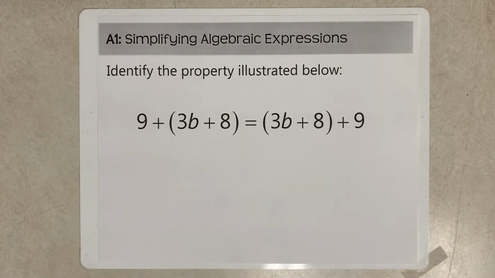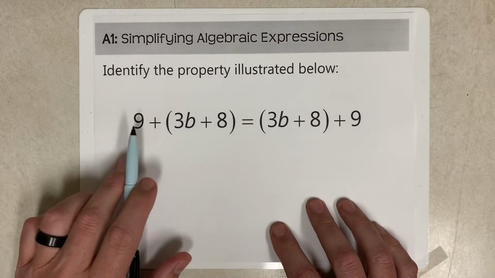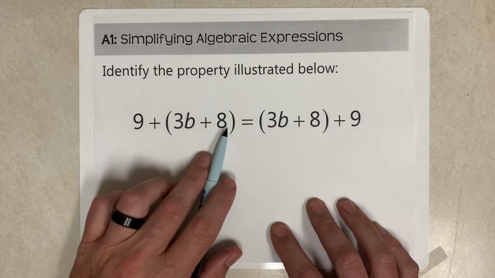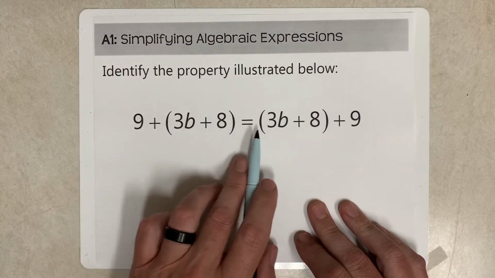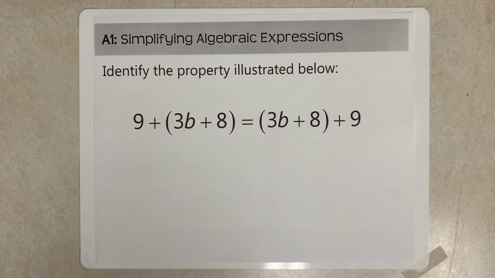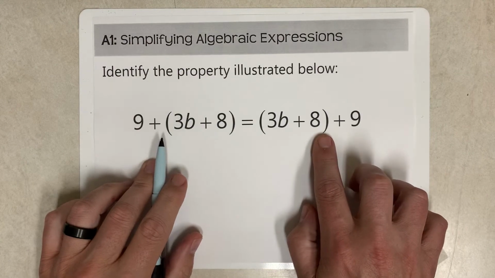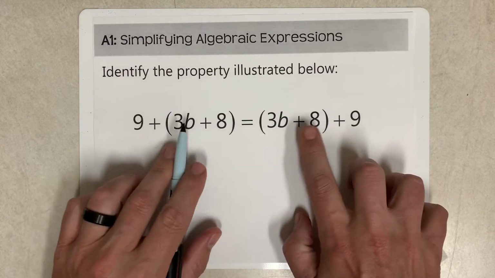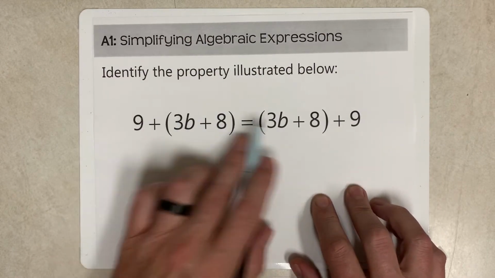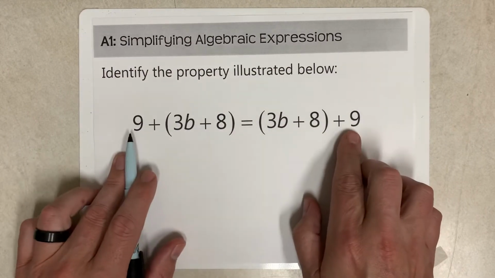Now we'll look at this one. All right, so what's going on with this one? We have 9 plus (3b plus 8) equals (3b plus 8) plus 9. The order is different. That's a key giveaway here, that the order is different. The 3b plus 8 looks like the same here and the same here, but the 9 changed places.